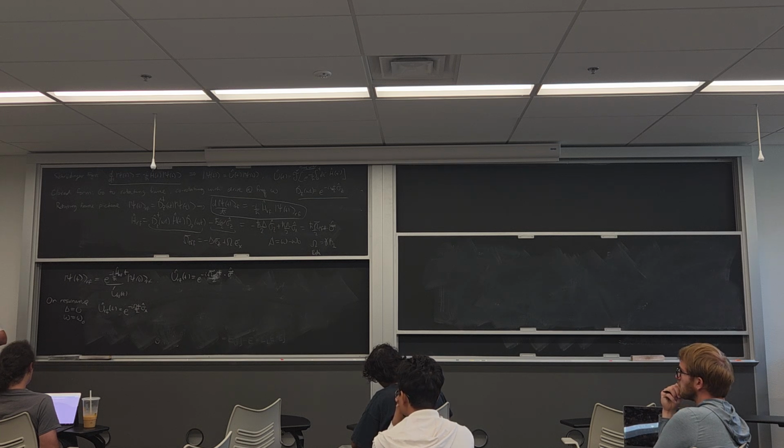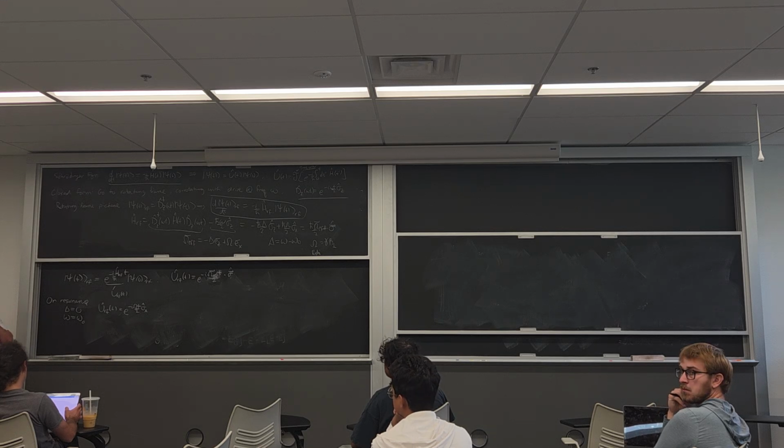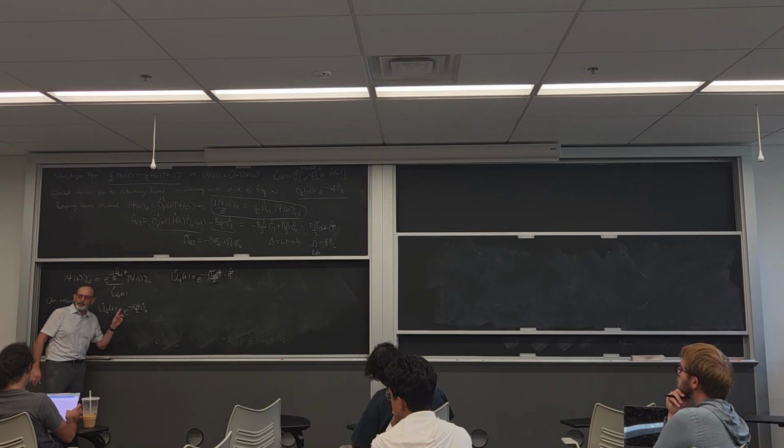When delta is 0. So what is that operator? Well, that's the rotation operator that rotates me around the x-axis by what angle? Omega t. Not omega t over 2, but omega t. Okay? The 2 comes from the fact this was spin 1/2.